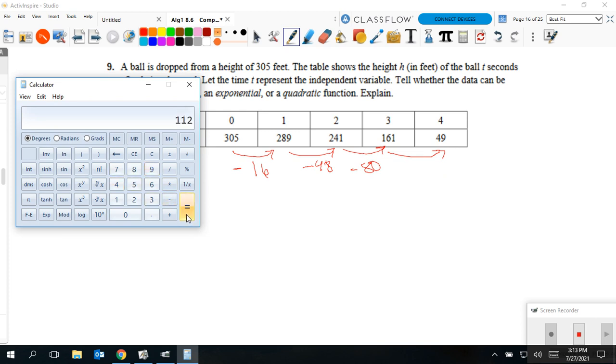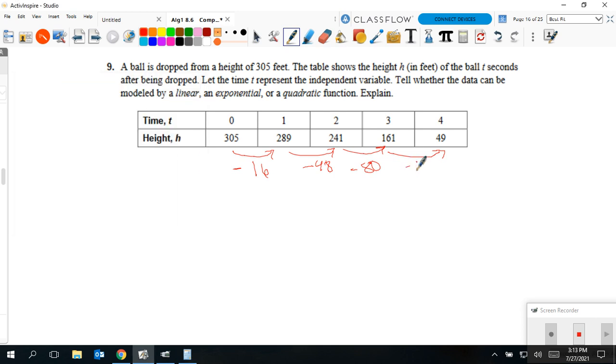There we go, 112. So definitely not linear. And we're not seeing exponential either because we're not multiplying by the same thing to get the next one. So now let's take a look at our second differences.